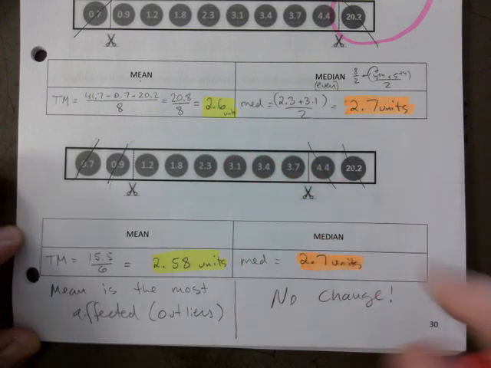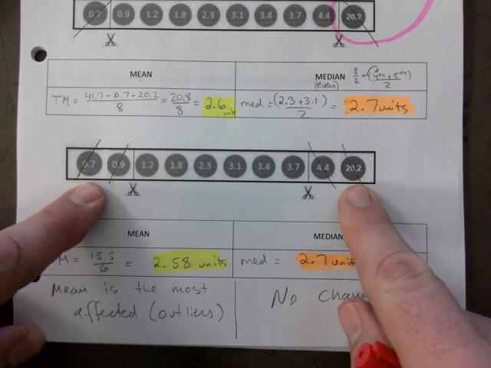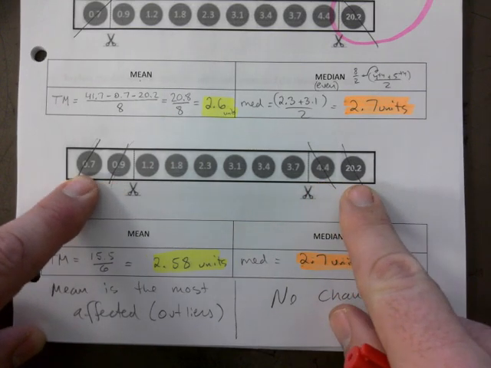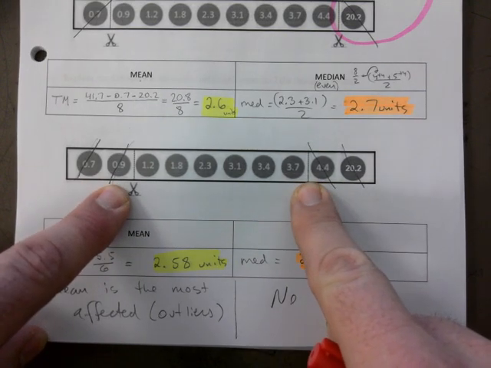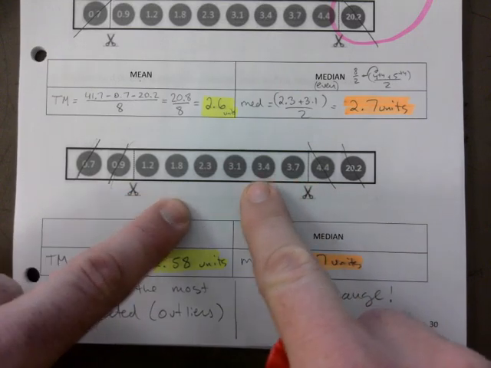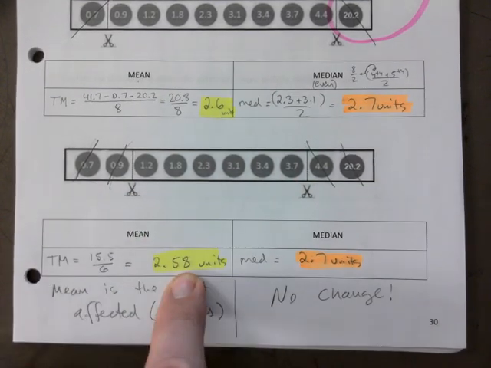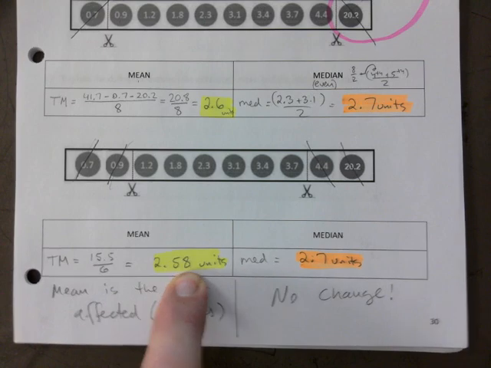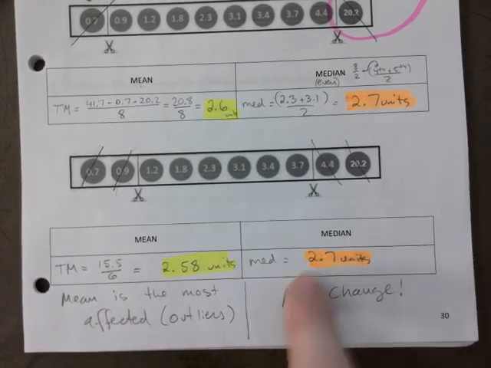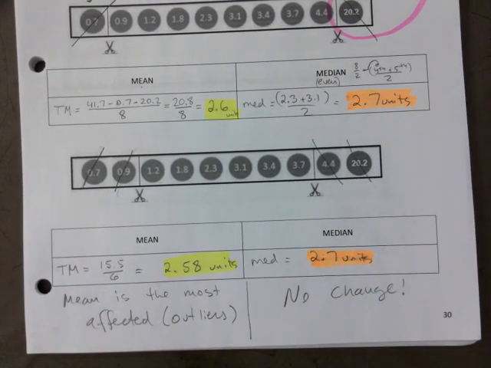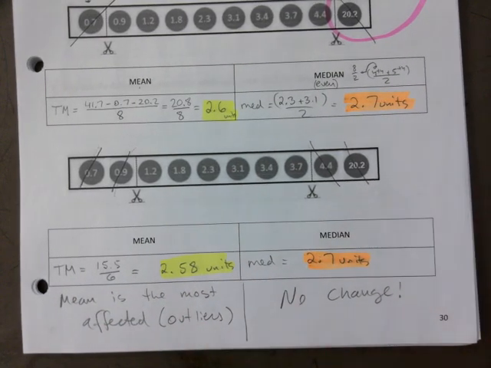And why is that? Because once you trim it again, now the outlier is already gone, so trimming it even more isn't going to make a big difference anymore, okay? But the median, there's no change to the median, okay? So keep that. The mean is the most affected, okay?